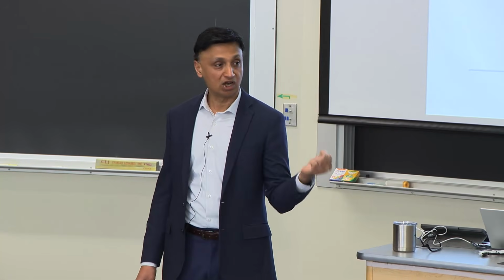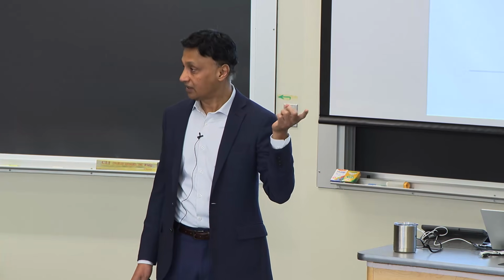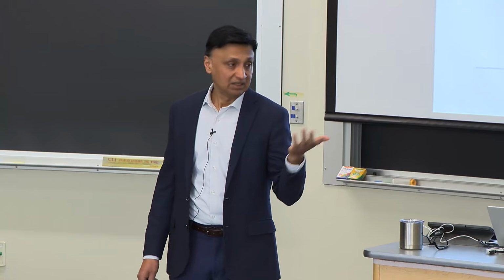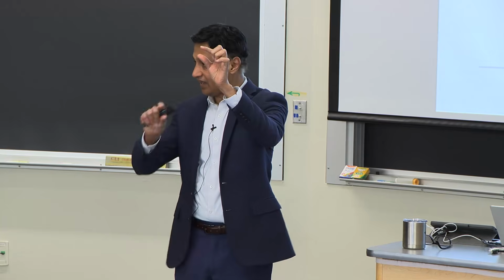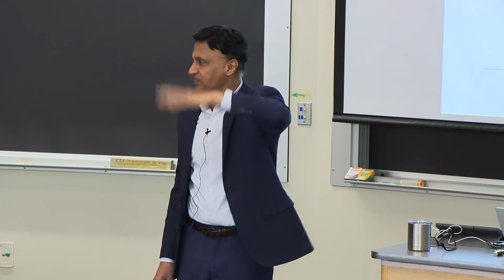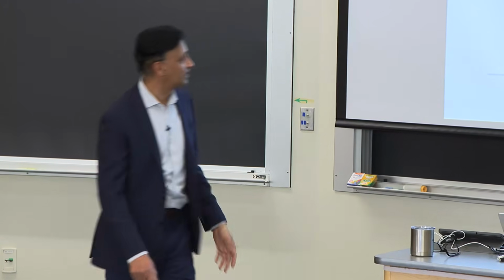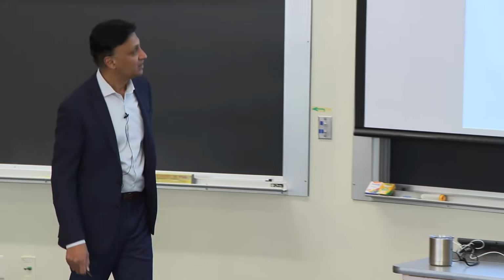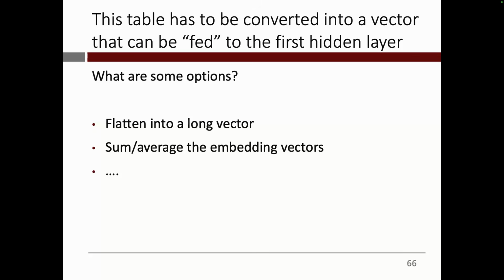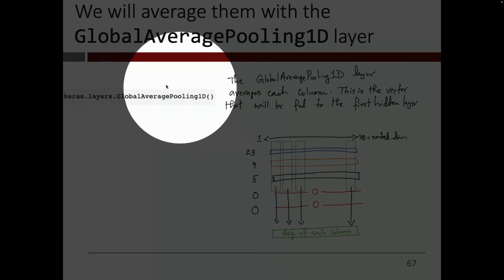As we have seen before, neural networks can only accommodate vectors as inputs. We need to make this into a vector. And as we have done before, we can either take all these things and concatenate them into one long vector, or we can find a way to average them or sum them. The simplest thing is probably just to average them, so we'll average them here. This is called the global average pooling layer, 1D.